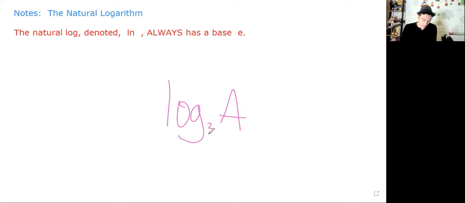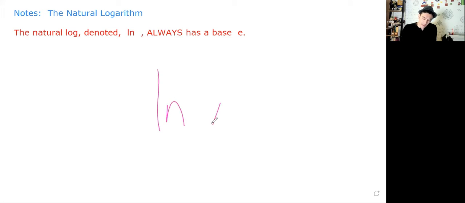There could be a 3, there could be a 5, the numbers could mix and match. But if we're talking about natural log, then the thing that always goes there without exception is this number e. As a matter of fact, it's always e, so much so that people often never even write it because it's implied that it's always e.